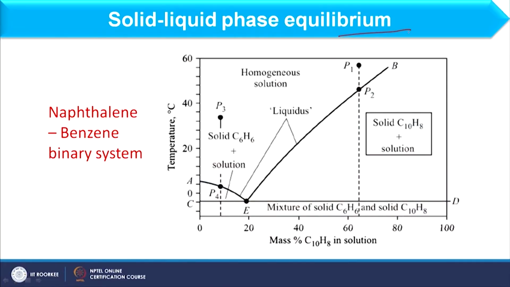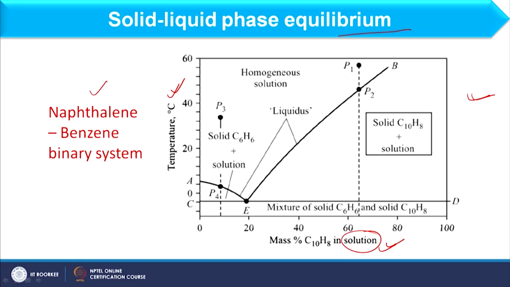And now we have a very important diagram, which we consider as solid liquid phase equilibrium. If you focus on this particular graph, it is showing the naphthalene benzene binary system, basically solid liquid phase equilibria. When we consider temperature as well as concentration of the solution, that is naphthalene in benzene, naphthalene is the solid and benzene is the solvent, right.